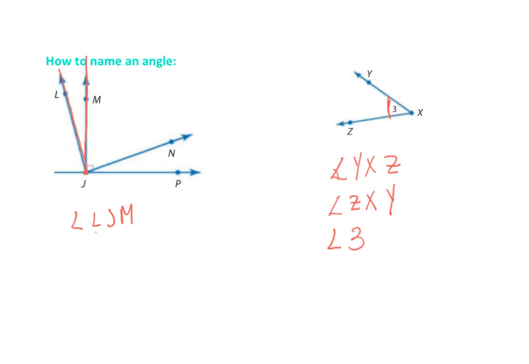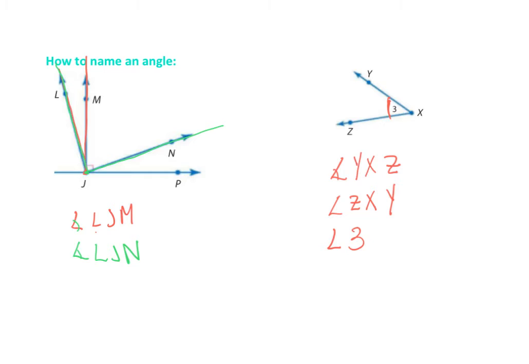If I were talking about angle LJN, then J again is my vertex, I would be talking about that larger green angle that I've written out.